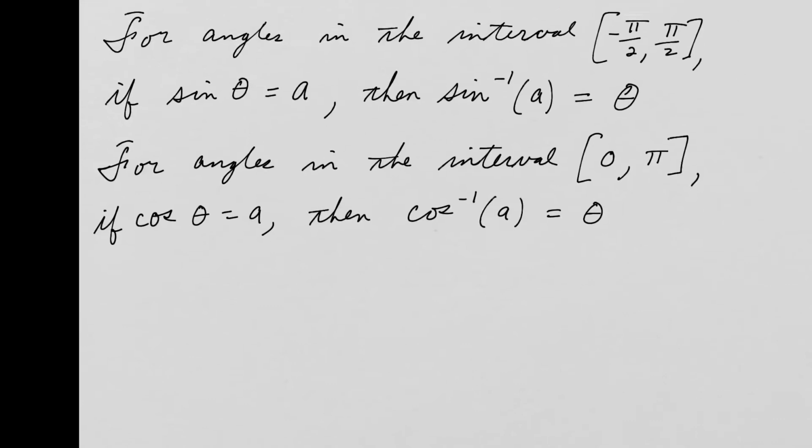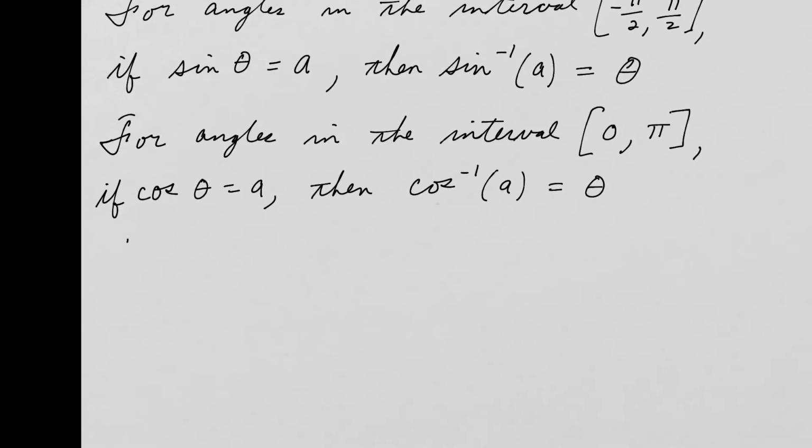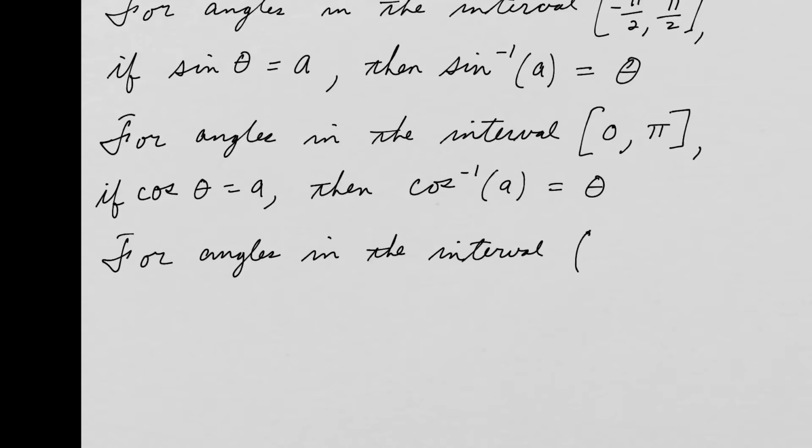Okay, and then for tangent, for angles in the interval, in this case I've used parentheses because remember it's undefined. There's a vertical asymptote at pi over 2 and negative pi over 2.